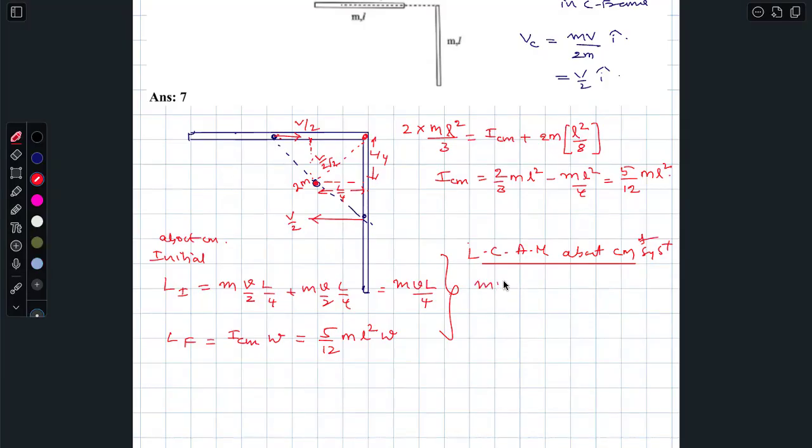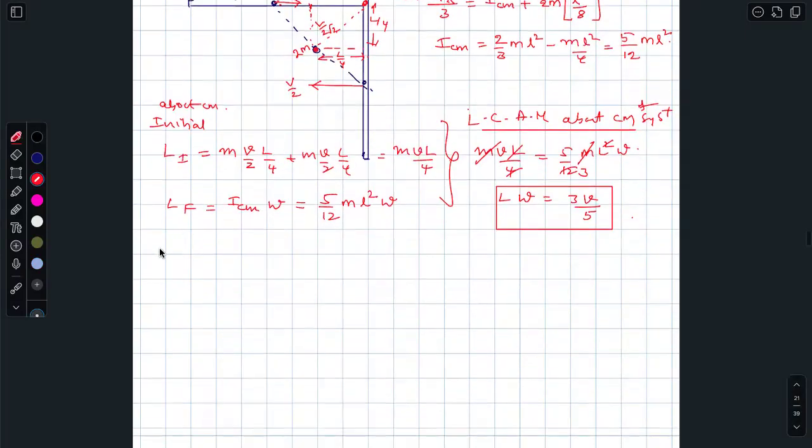So this is MVL by 4 is 5 by 12 ml square omega. M cancels. L cancels. 3. This is one outstanding piece of information. Right. So what is the final kinetic energy of the system?